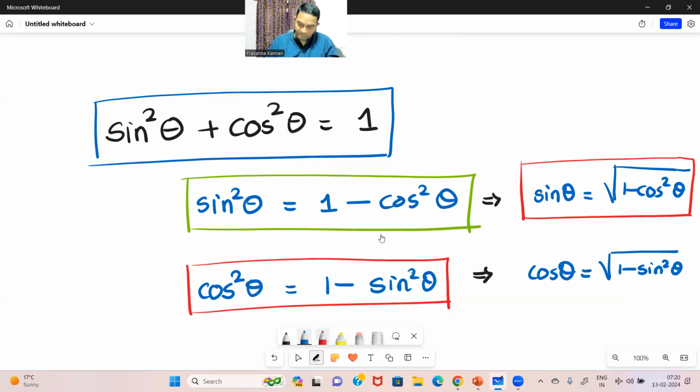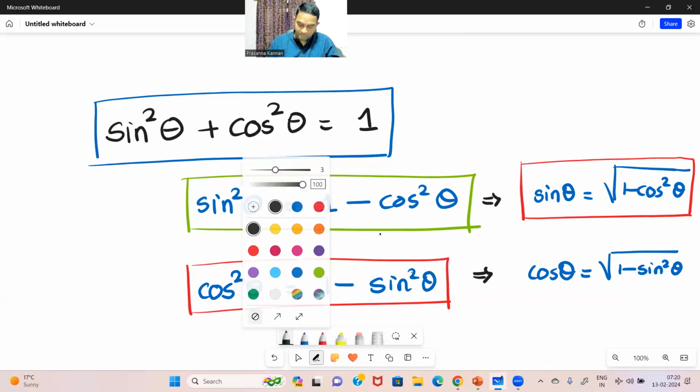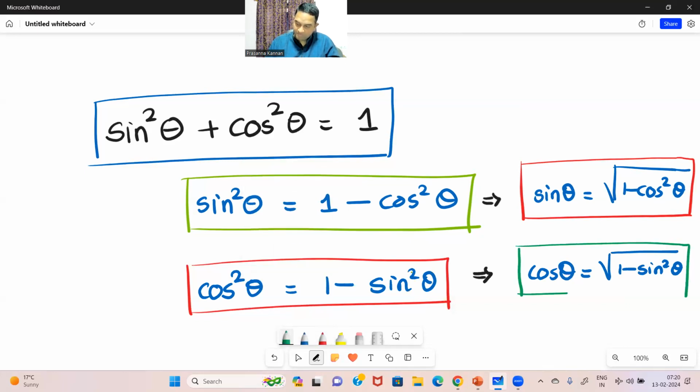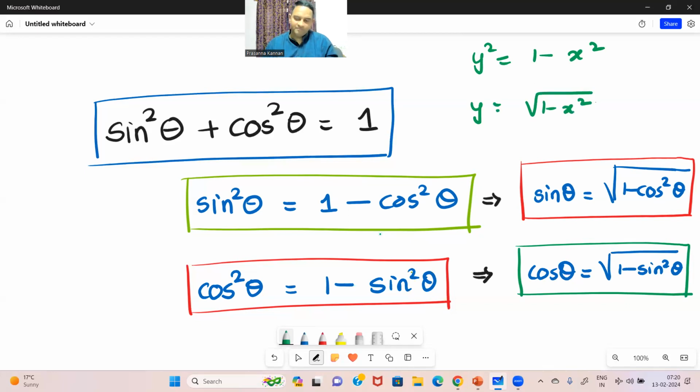Very good. Uncle, that 1 also should be included in the root? Yes, because you are taking the root of the entire thing. Suppose you have y square equal to 1 minus x square, then taking the root on both sides, y becomes the root of 1 minus x square, correct? Like that.